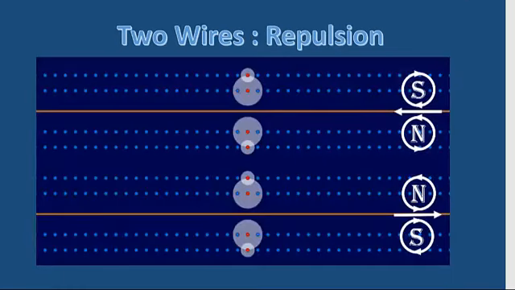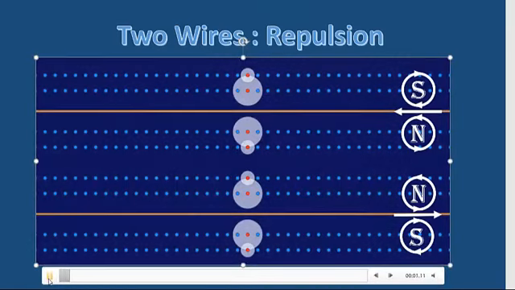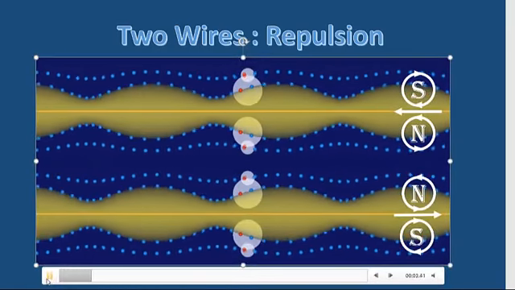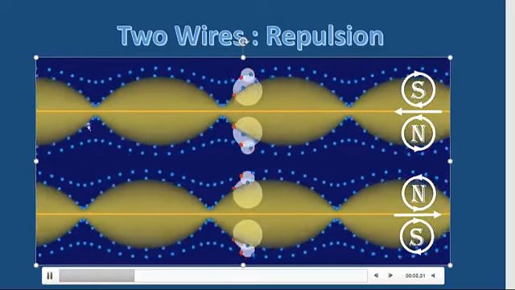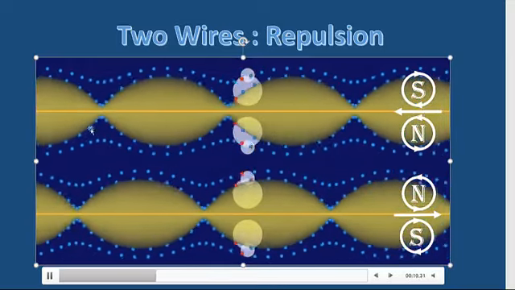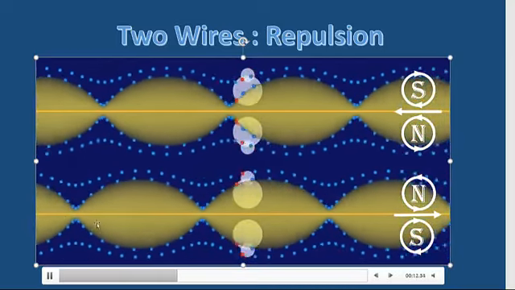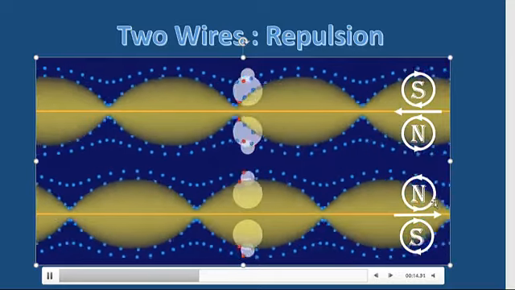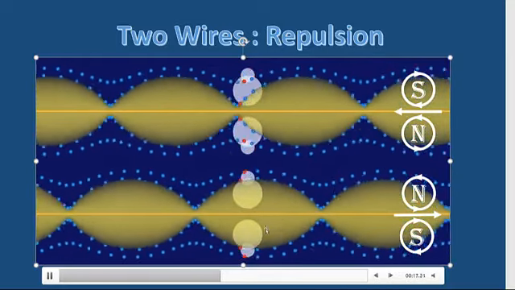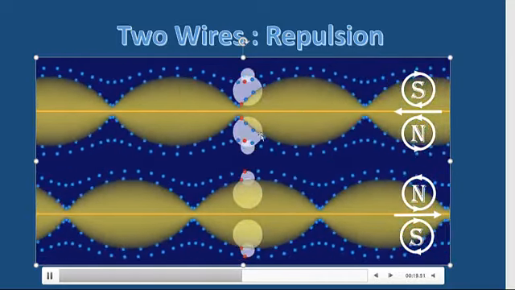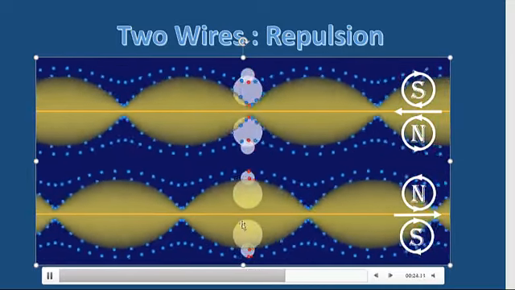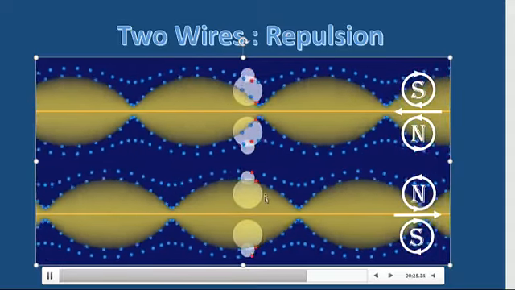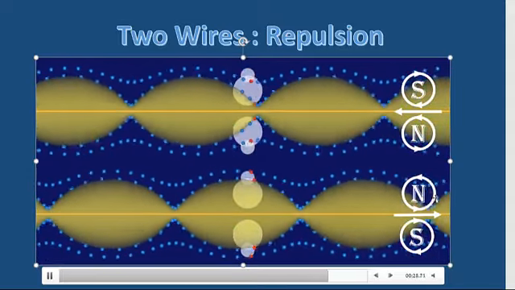So now we have a two-wire example again, only this time we've got opposite current. So we have electricity going from right to left on the top, and we have electricity going from left to right on the bottom. And so between the wires you have counterclockwise circulation or north circulation, and above this wire you have counterclockwise circulation or north circulation.